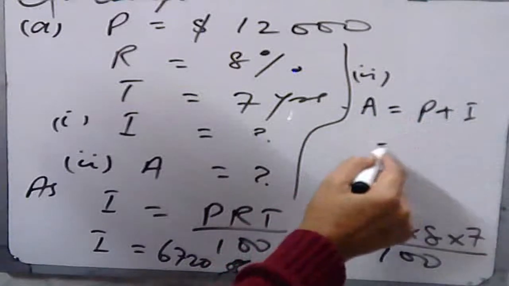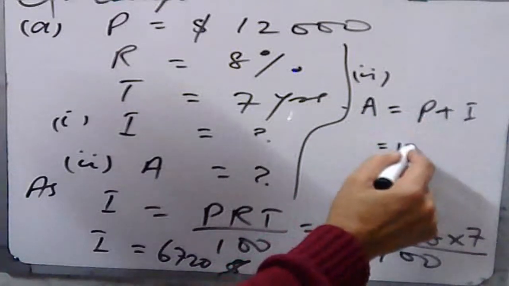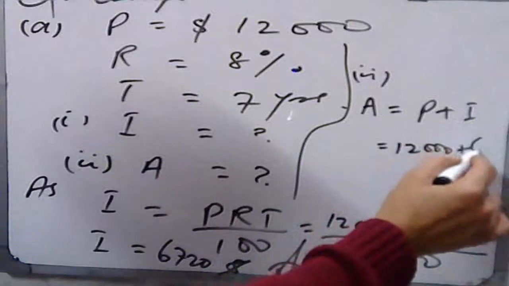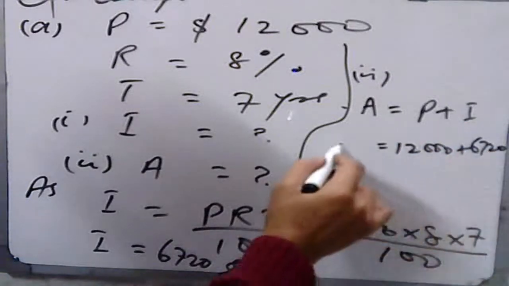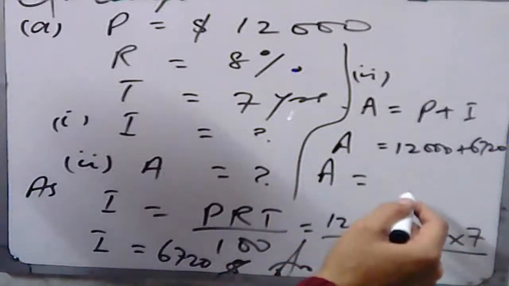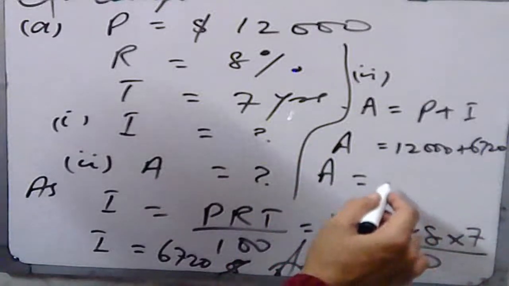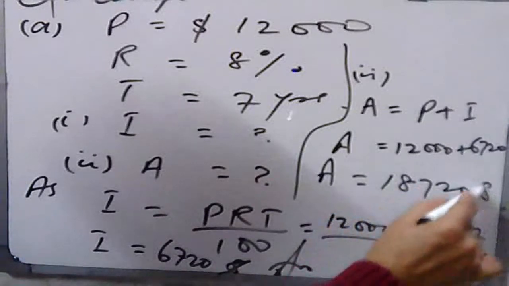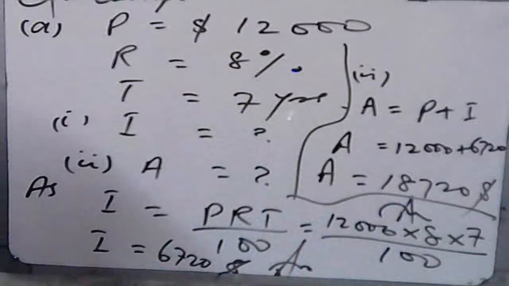So principal amount is 12,000 plus the interest you just calculated, that is 6,720, so that will be your amount. After adding you will get $18,720, so that is your required result. You can see here. I think it is clear to you.